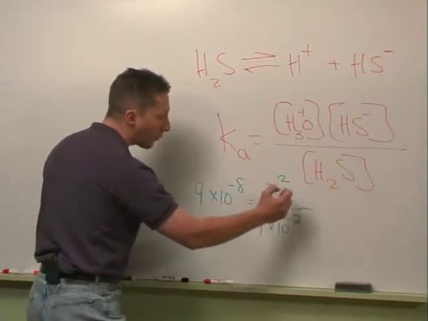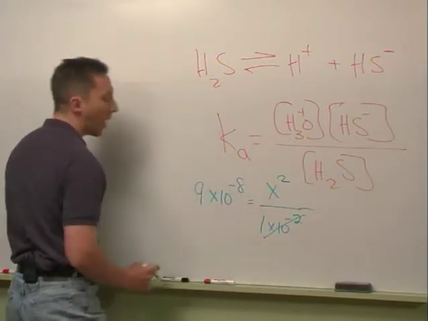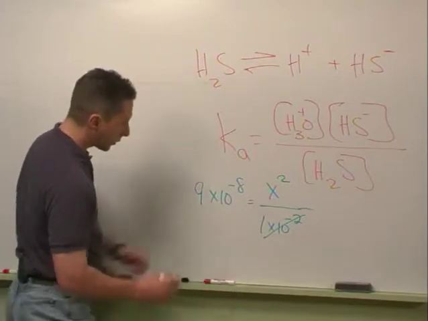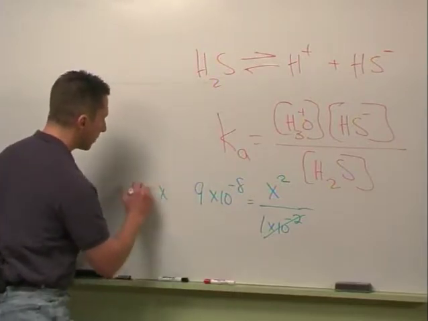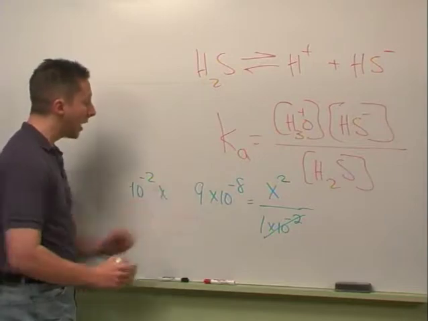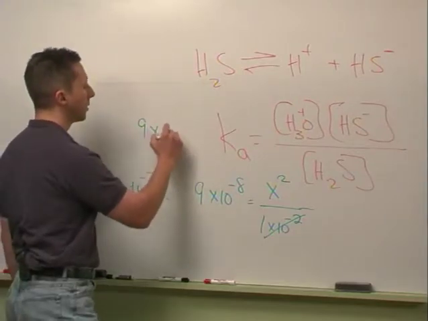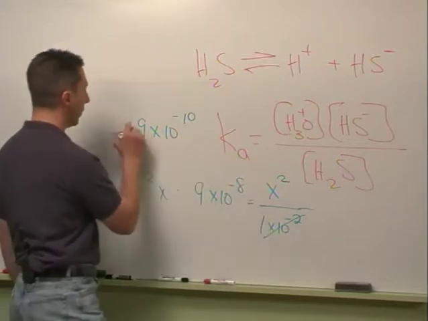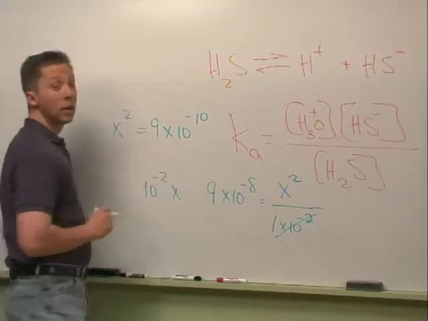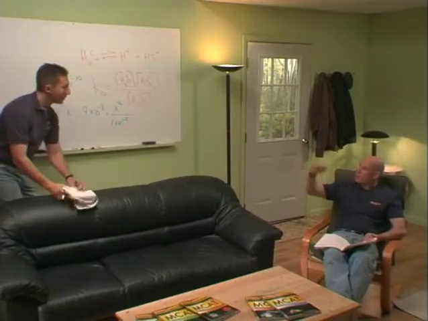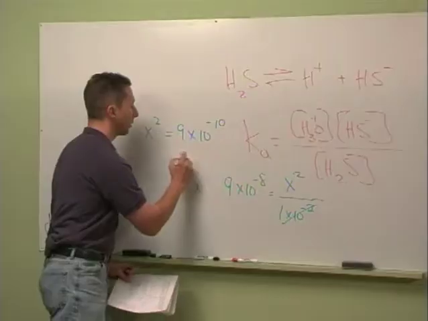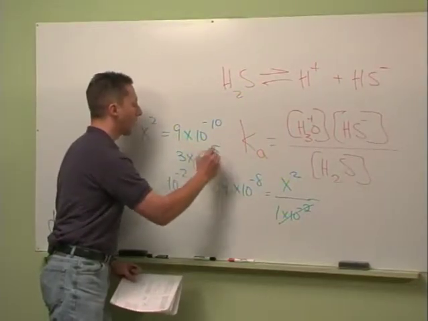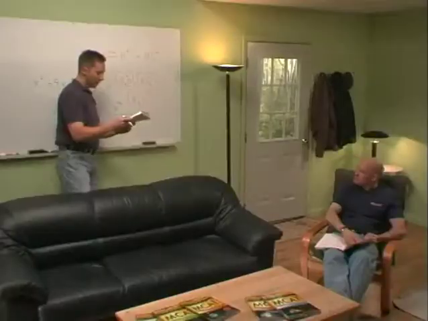Now we can solve for x by multiplying both sides by 1 times 10 to the minus 2. And we get 9 times 10 to the minus 10 equals x squared. Now, square root of both sides, 3 times 10 to the negative 5 is my answer choice, and that is answer choice B. Beautiful.